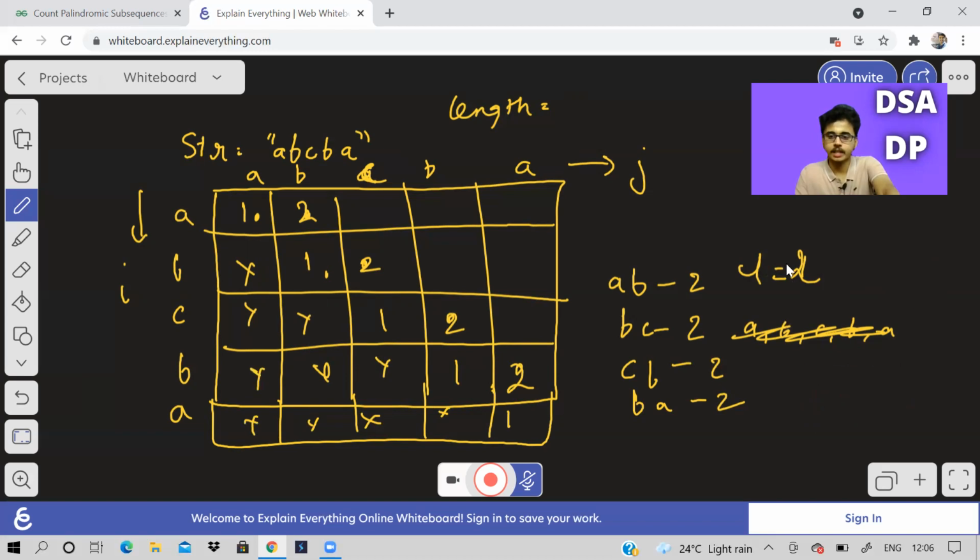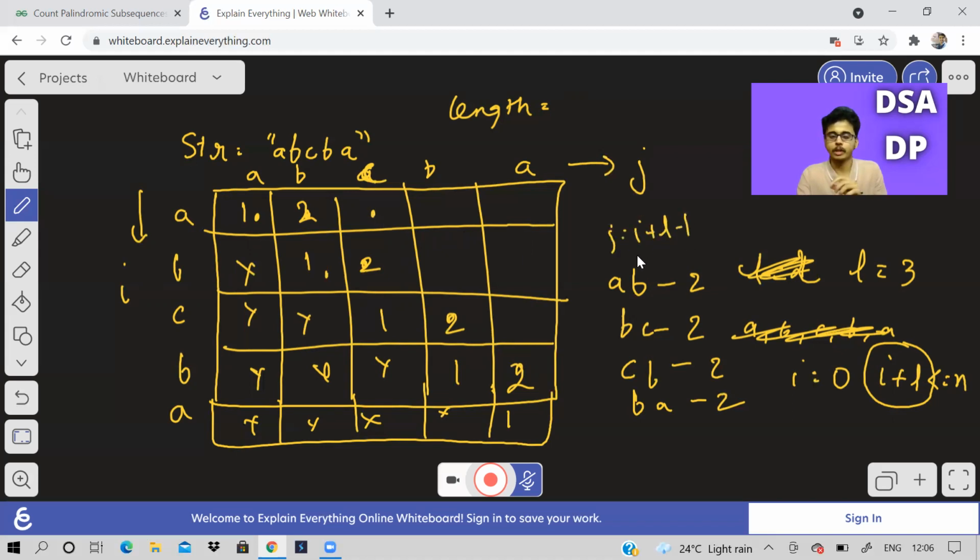So if I consider length equal to 3, let us consider this cell. So I will start from 0 and I will go until I plus L is less than or equal to N, because length can maximum be equal to N, right? So I will start from 0 and J will be equal to I plus L minus 1 because I'm only interested in first and last character.